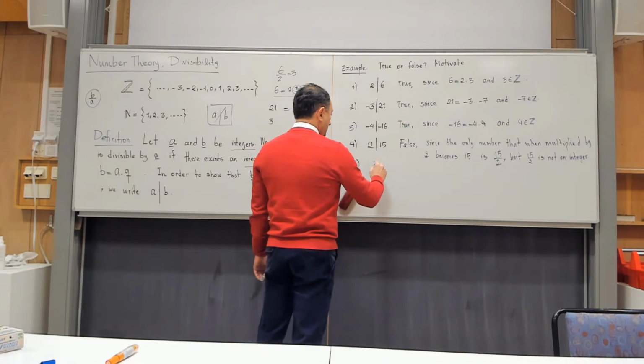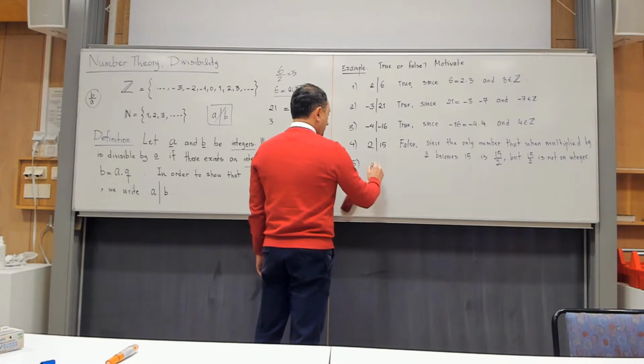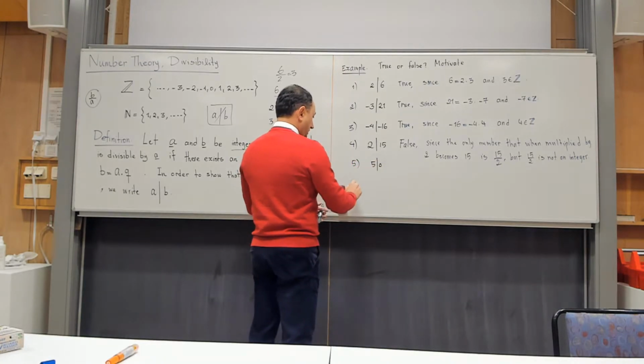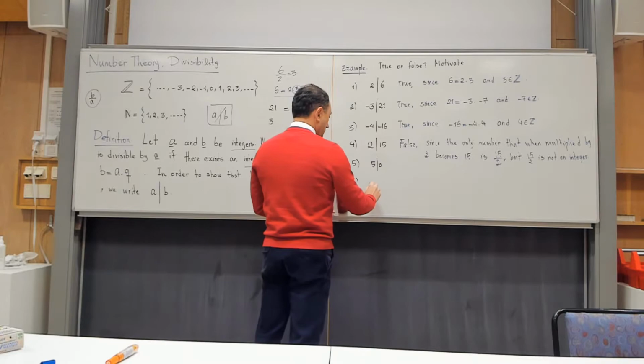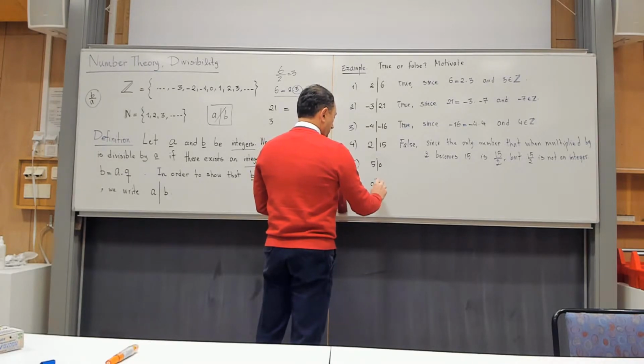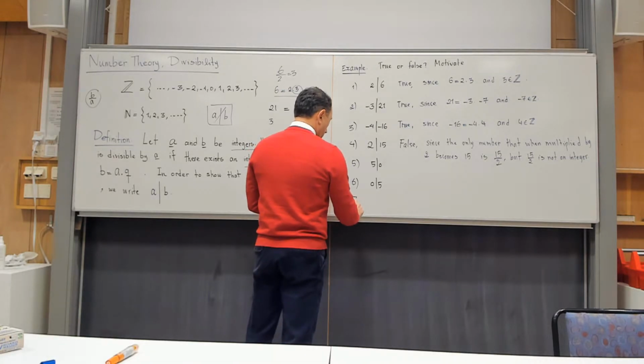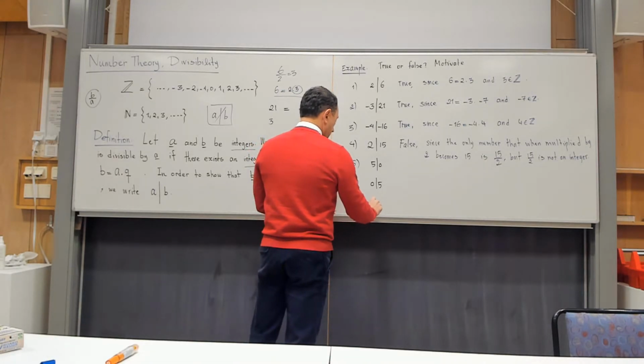Let me write 2... 5 0 is divisible by 5. Another one, let me write 5 is divisible by 0. Let me write 0 is divisible by 0.